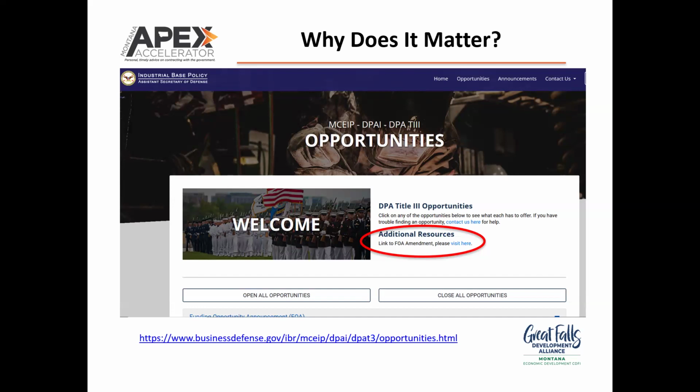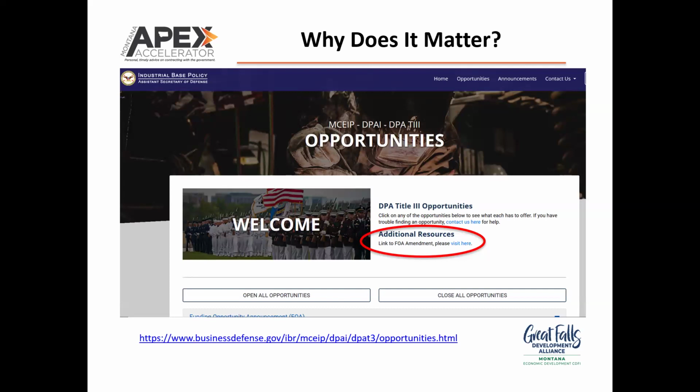In July 2019, the Defense Production Act Title III Program Office, working with the Air Force Research Laboratories, Materials and Manufacturing Directorate, issued a funding opportunity announcement to select proposals for production technology projects.